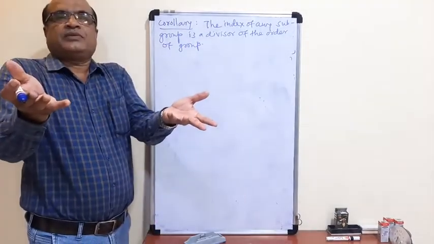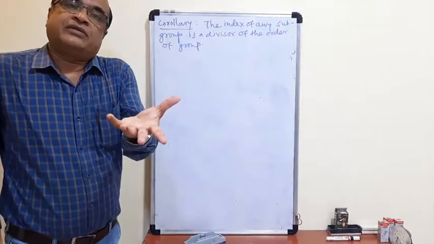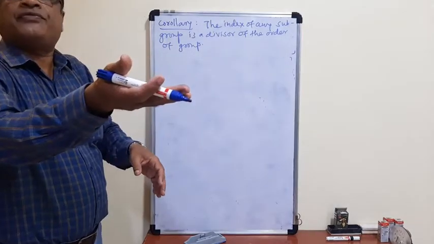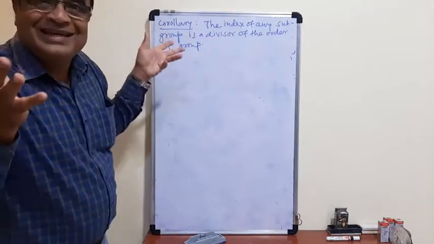H is any subgroup, then we find the index of that subgroup. Then the index also divides the order of group G.